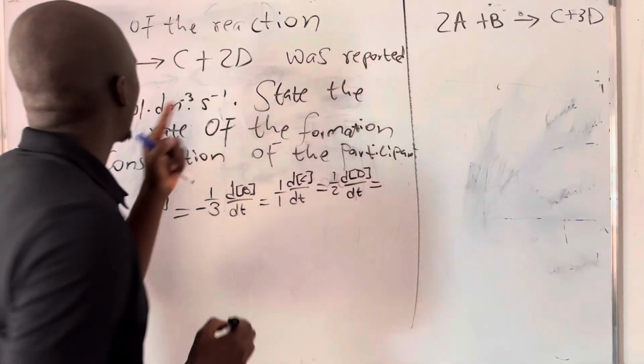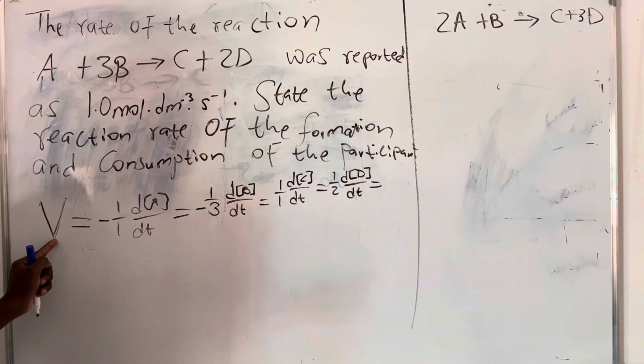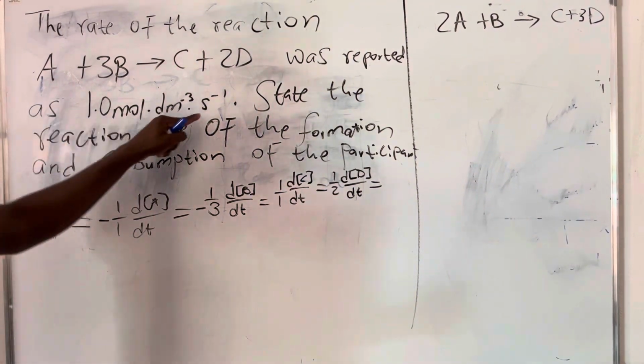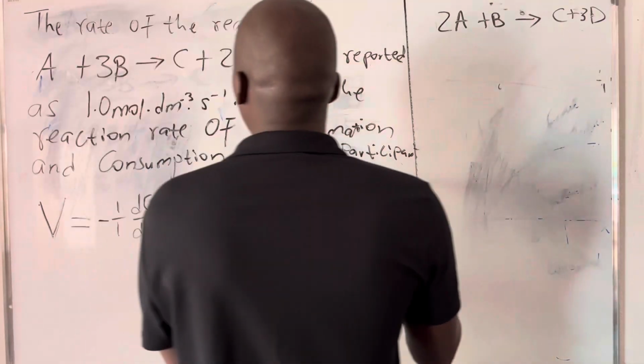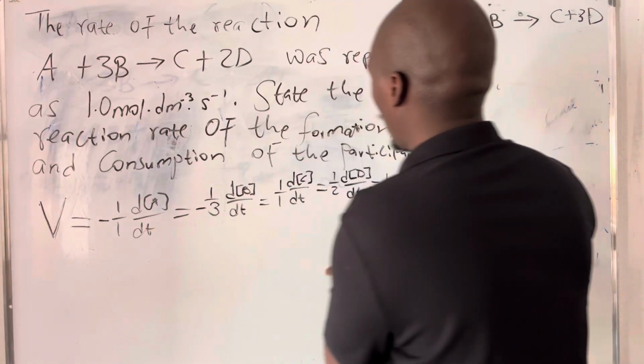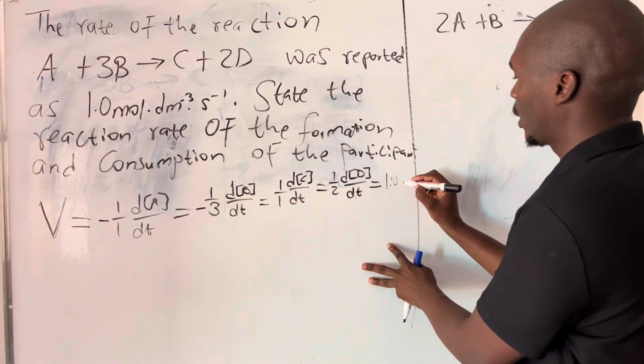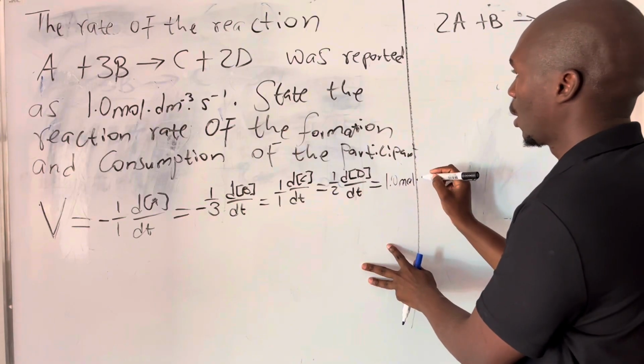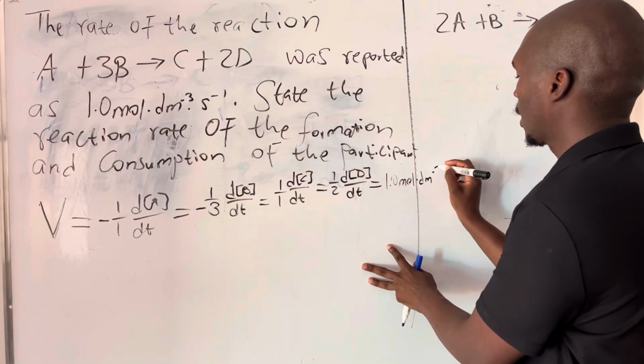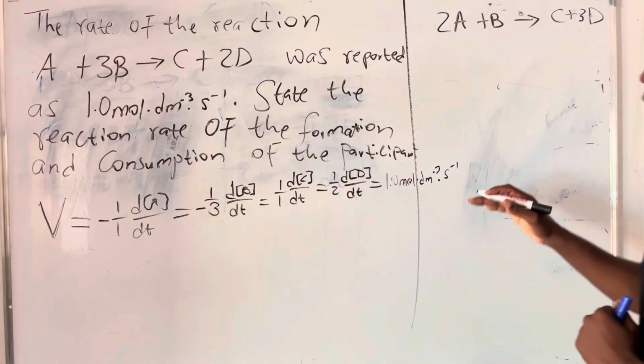Everything should be equal to, remember I said V is the rate, we are given the rate, so everything should be equal to 1.0. The units should be mole per decimeter cube per second. It should be like that.